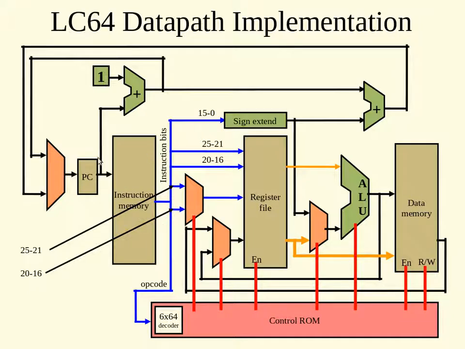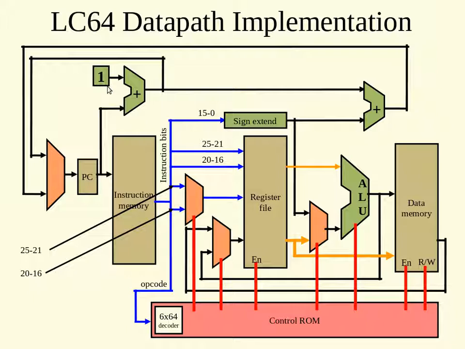The program counter is a register which holds the address pointing to the instruction you need to execute next. So you're going to execute an instruction and then go to the next instruction. That's why this goes up here, we add one, just to make all our lives easier.